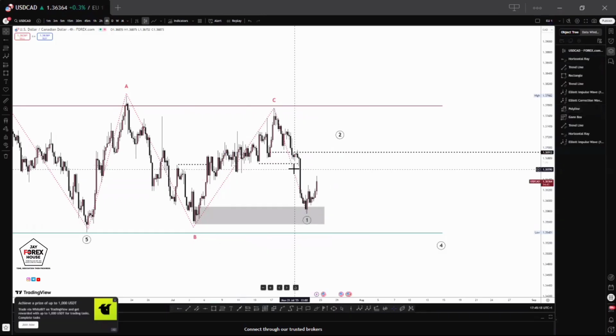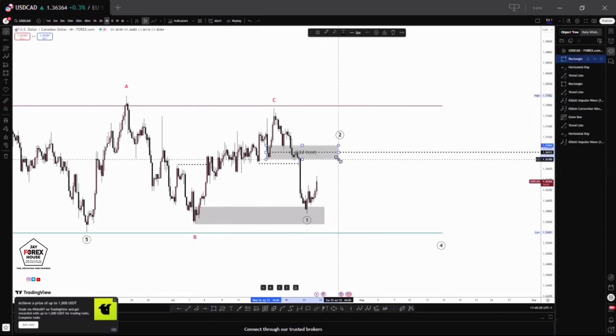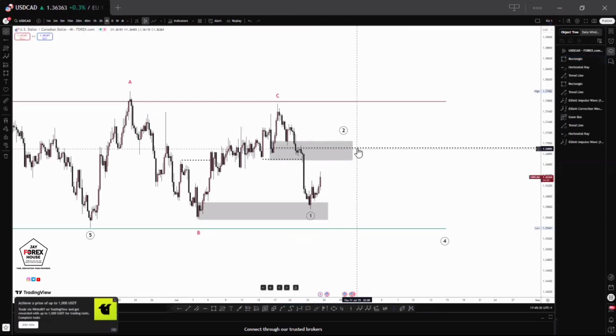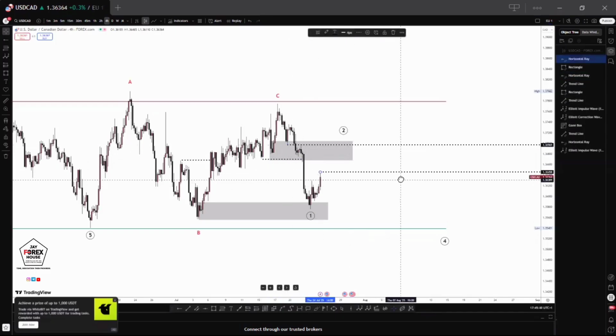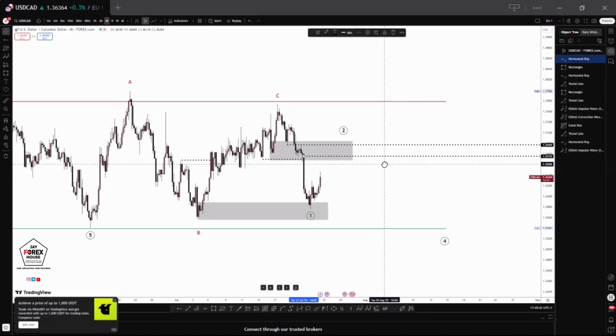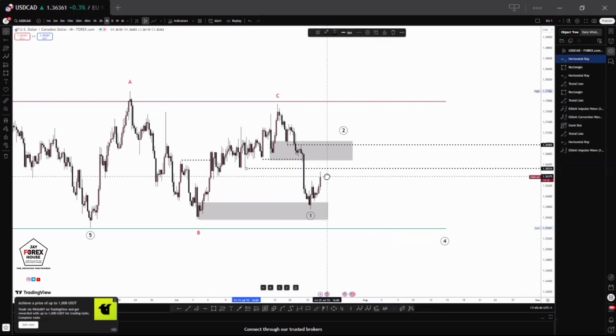Now, in a situation like this, what I would naturally do is use other confluence to understand what's going on. So if we bring back smart money concepts, we would say this is another breaker block area, right? So it's valid to say there's every possibility that price could be reacting from this point. We could use this as a fair value gap, and then you could focus on this point, or this point.